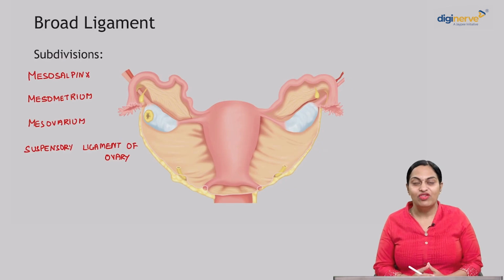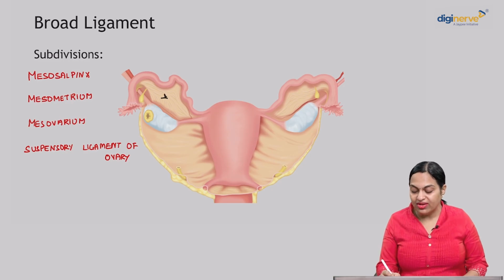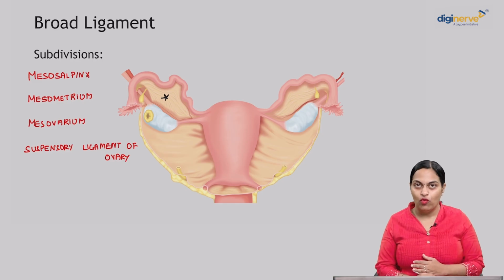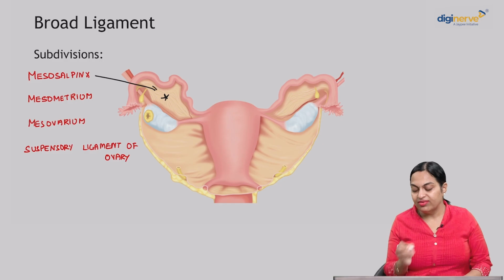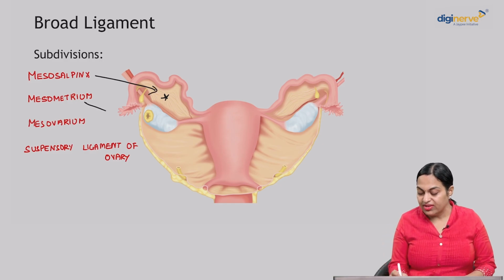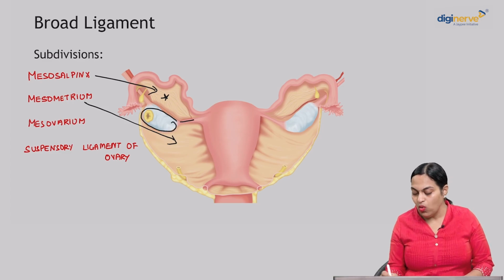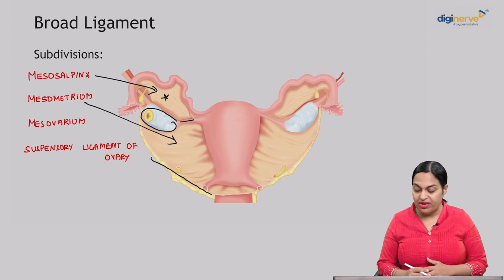What are the subdivisions of this broad ligament? This part that lies between the uterine tube and the ovary and ligament of ovary is called the Mesosalpinx. And this part that lies between the ligament of ovary, the ovary above, to the base of the broad ligament, this is Mesometrium.